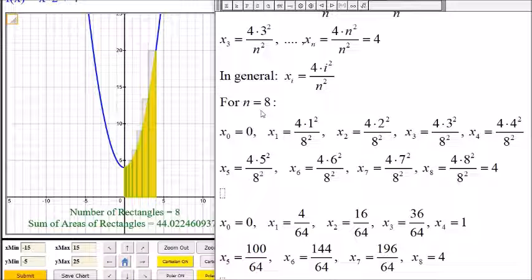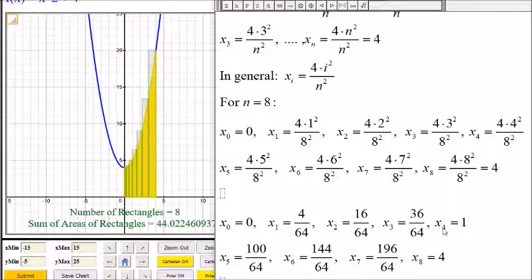And so, for example, when n is 8, then x of 0 would be 0, and x of 1 would be 4 times 1 squared divided by 8 squared, which is 4 over 64. And then x of 2 would be 4 times 2 squared over 8 squared, which is 16 over 64. And then x of 3 would be 4 times 3 squared over 8 squared, which is 36 over 64.